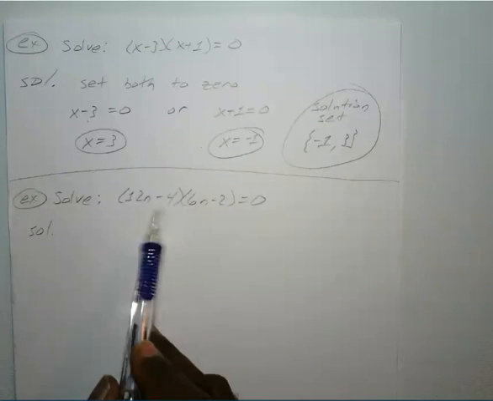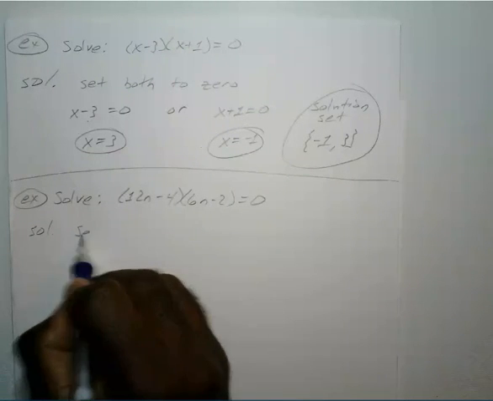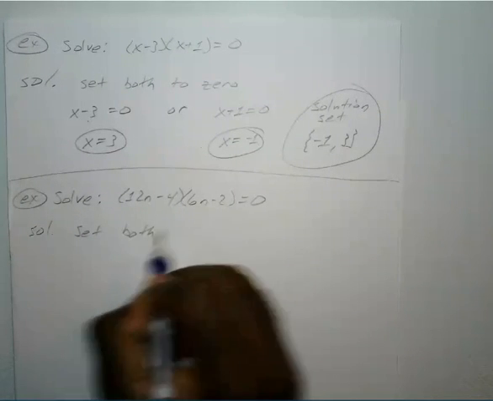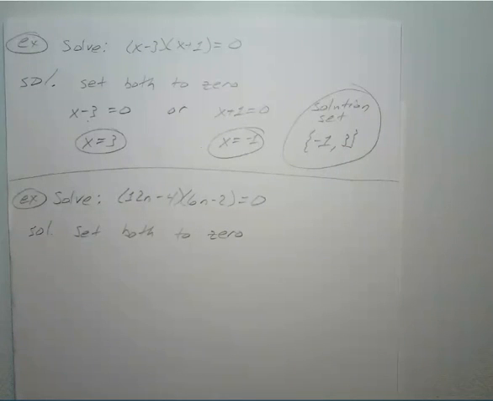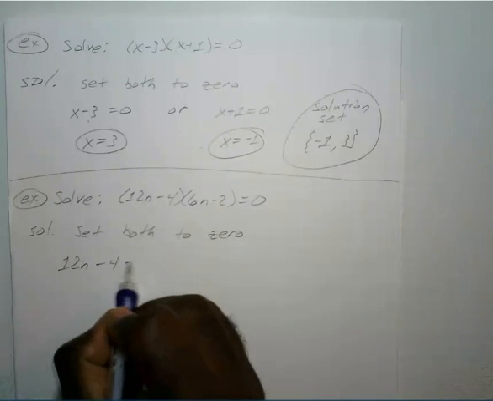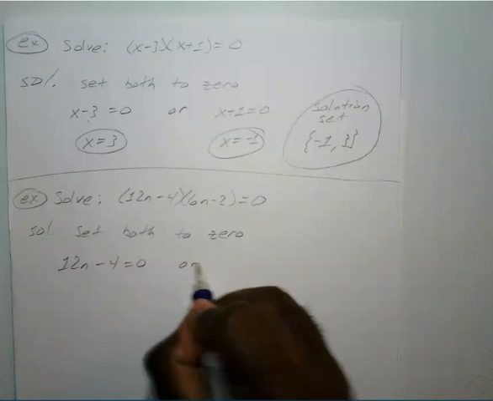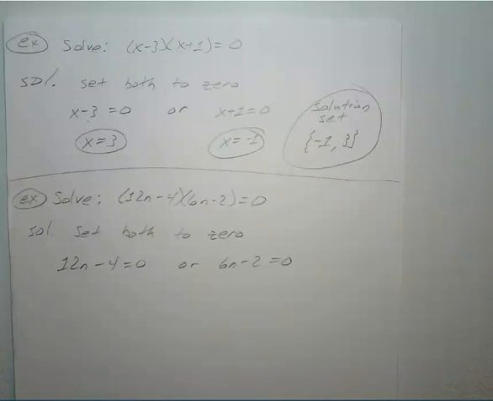As long as it's already factored for you and it equals 0, you just set both factors to 0. So you have 12n minus 4 equals 0, or 6n minus 2 equals 0. Either one of those will make this correct.